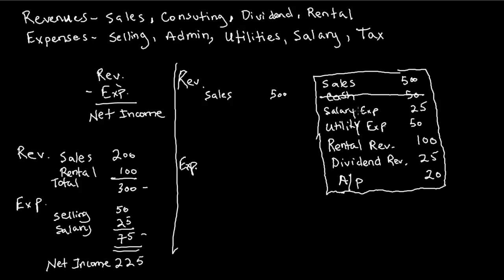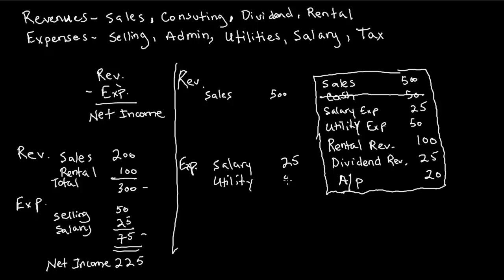Next line, salary expense. Salary is an expense, and how do you know? Well, it also says it's an expense, and usually most problems are going to say salary expense. So we say salary 25. And then we have utility expense. Again, we know that's an expense as well.